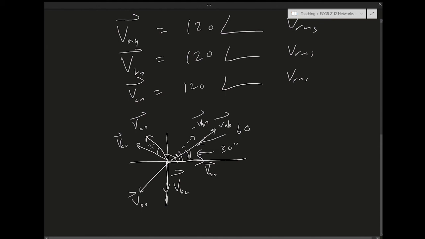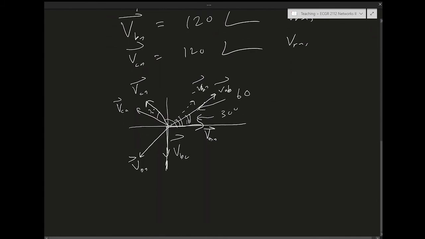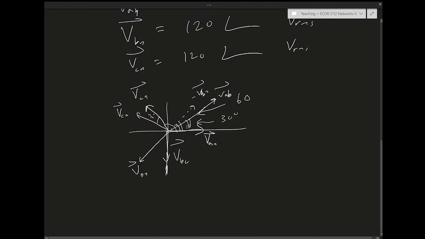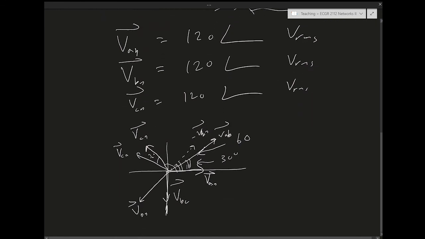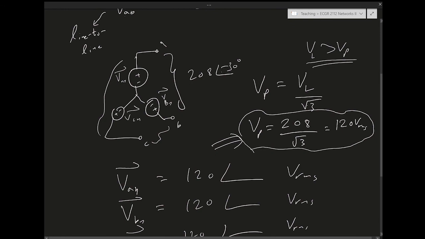Right, so you can do this, and you will find this relationship holds. So if VAN is behind VAB by 30 degrees, you just take the angle of VAB and subtract 30 degrees from it. So I get minus 60 degrees.